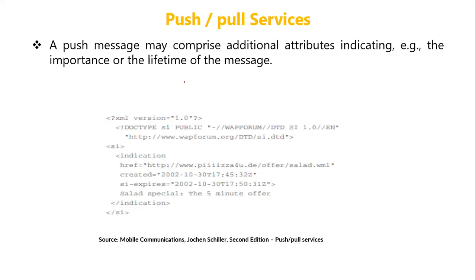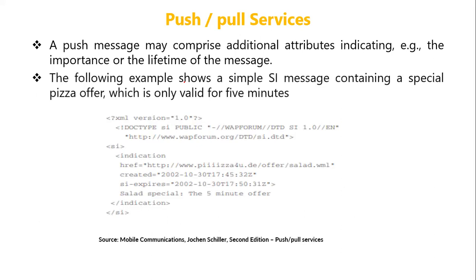So here is an example. A push message may comprise additional attributes indicating the importance or the lifetime of the message. Here is an example which shows a simple SI message.